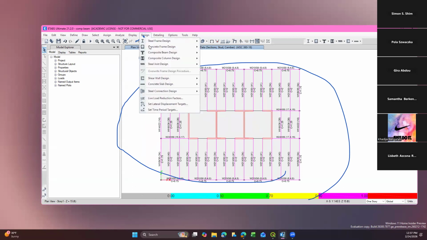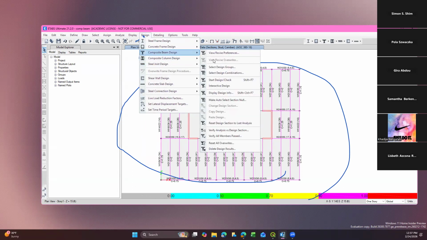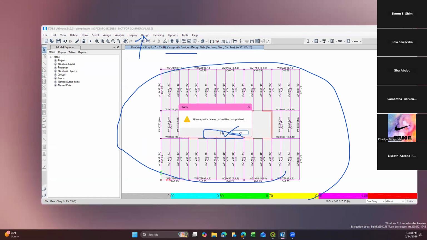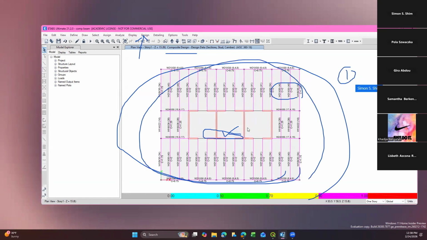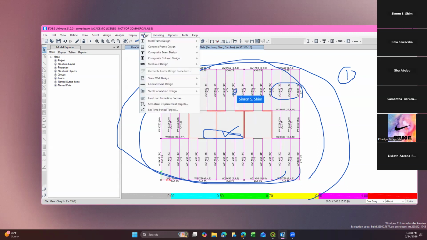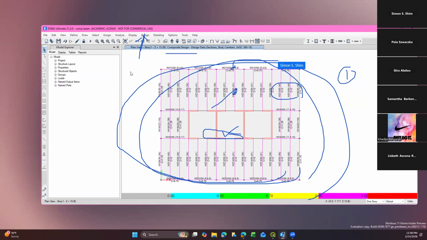Go to override, design, composite beam design, and check verify all member paths, so that the new design sizes override the previous auto-selected properties. So you keep the updated sizes. That is the first. The second one is when you design it, you choose one typical beam and girder and elaborate the design check that I described a minute ago.